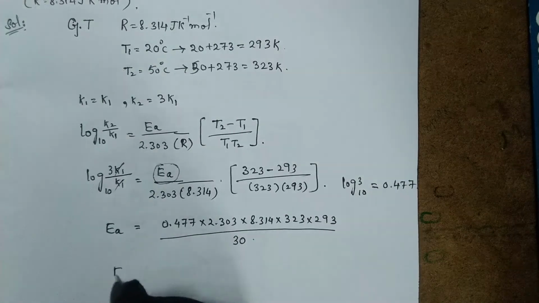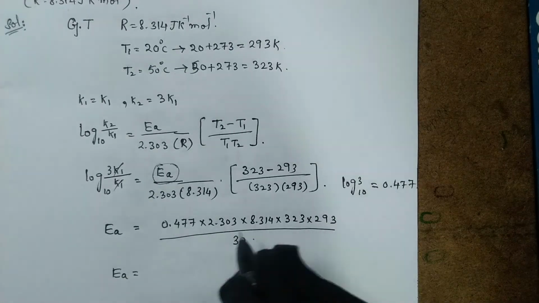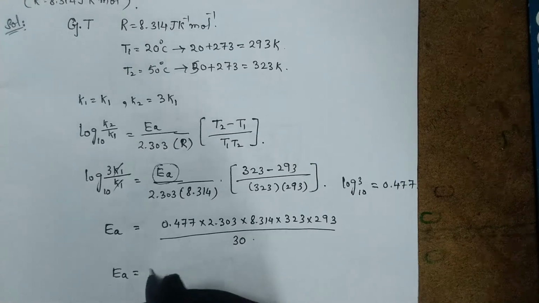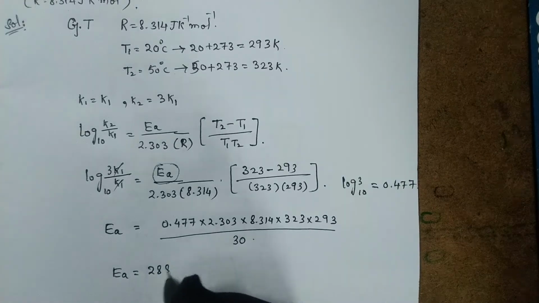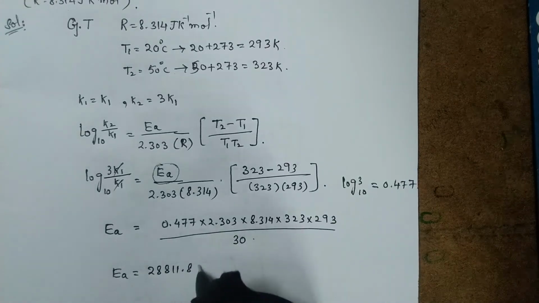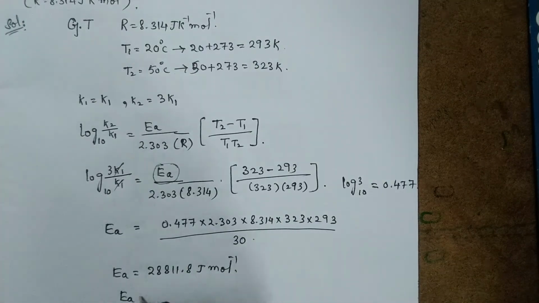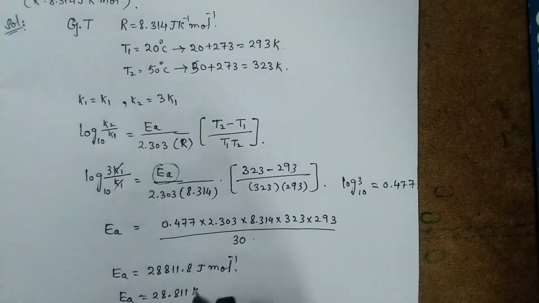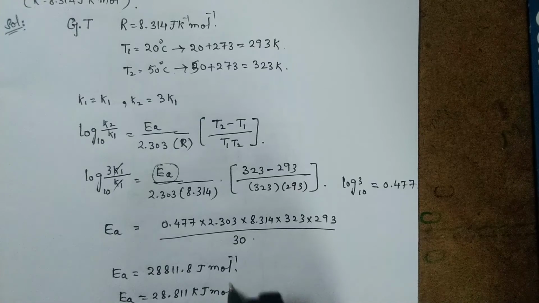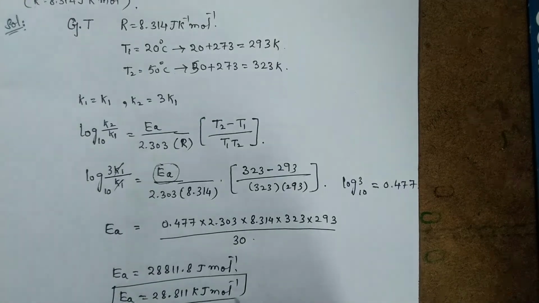When we calculate this, we get 28,811.8 joule per mole. Writing this in kilojoule per mole, EA is equal to 28.811 kilojoule per mole. So this is our final answer.